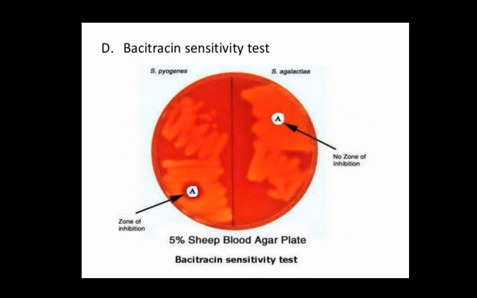Group A is Streptococcus pyogenes and is bacitracin sensitivity positive, while group B, that is Streptococcus agalactiae, is bacitracin sensitivity negative, that is, they are resistant. So in pyogenes we will have a zone of inhibition around the bacteria, while in Streptococcus agalactiae, that is group B Streptococcus, no zone of inhibition will be found.